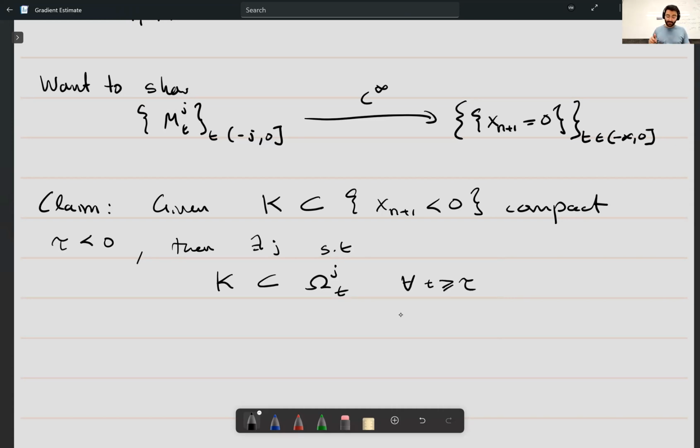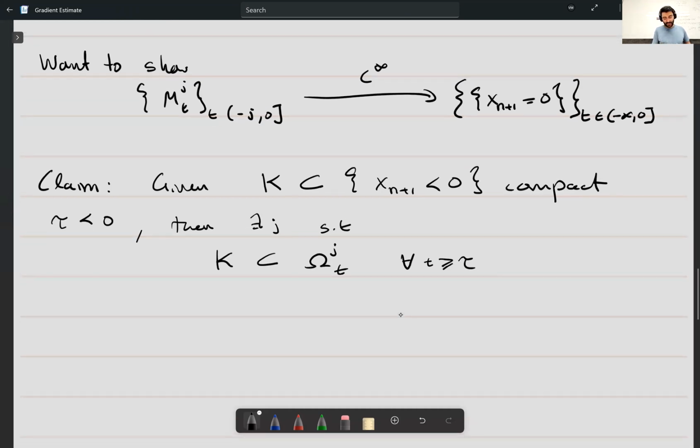I didn't use this notation for a while, but omega_j,t is the set that is bounded by MJT. Remember, M is compact, so all of these rescaled surfaces are compact, so this is some compact set, and this is the interior of that set. Okay, so what is it saying?